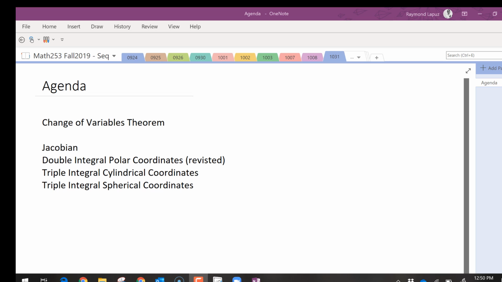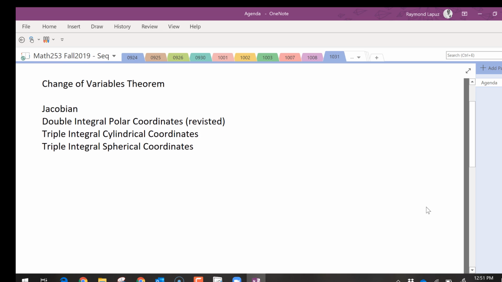Okay, so let's talk briefly about the Jacobian, and I'm not going to be that rigorous in it, but what I want to do is just talk about the idea of the Jacobian and give you a neat compact formula for it, and then move on.